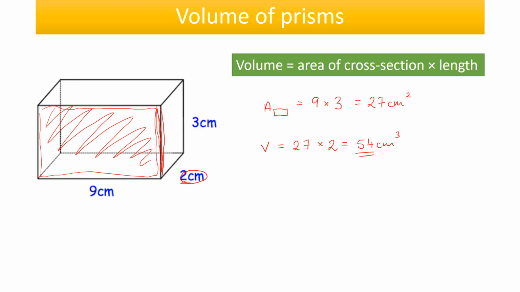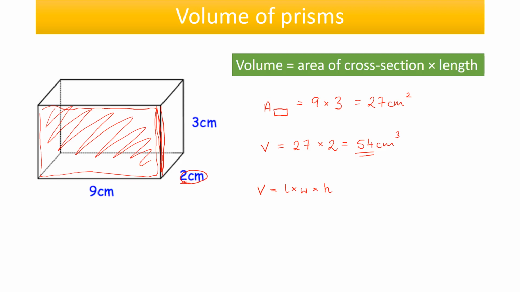Now I could choose a different face as the cross section, but I'd still get the same answer if I work out the volume. When we're talking about cuboids, you might have come across this formula, length times width times height, which is exactly what we've done, because when you do length times width, you find the area of a rectangle, so that will be just the cross section of the shape, and then when you times it by height, that is in a way how long the shape is.